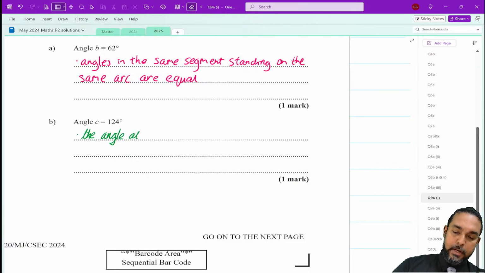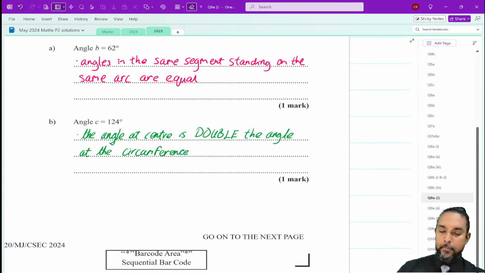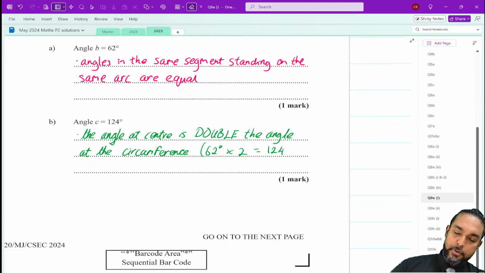The angle at the center is double the angle at the circumference. So 62 times 2 is equal to 124 degrees.